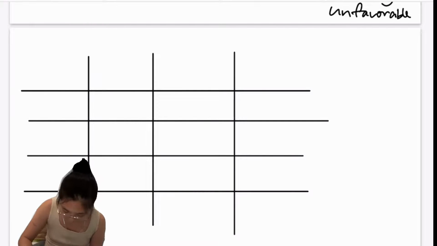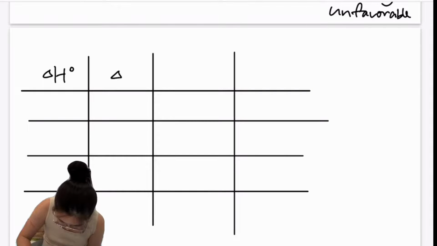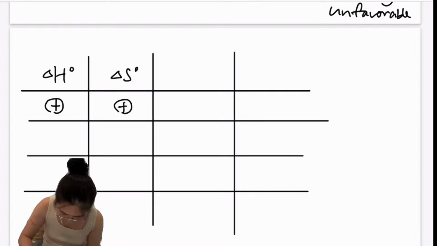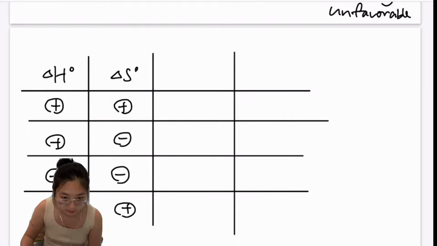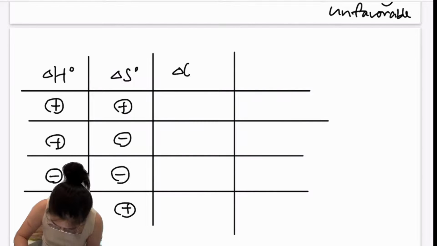Delta H and delta S, when both of them are positive, when both of them are negative, when one of them is positive and the other one is negative. And then delta G.